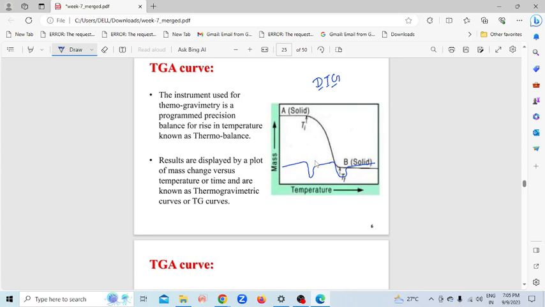It will give you the temperature where the heat flow is highest. By this way you can find out at which temperature the rate of mass degradation is highest. So this is the difference between these two techniques.